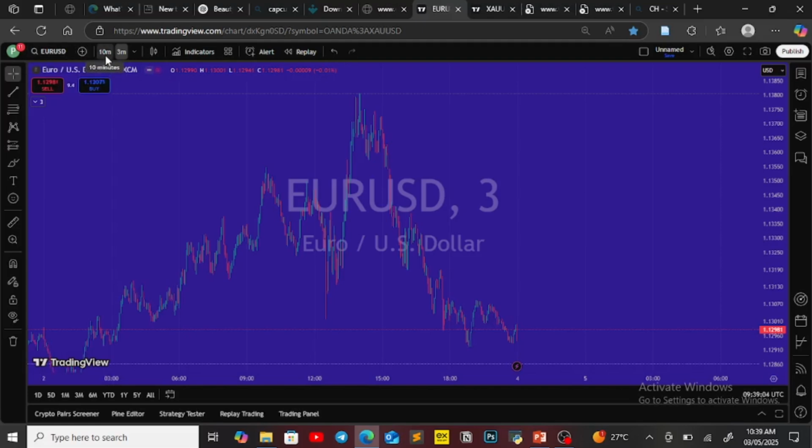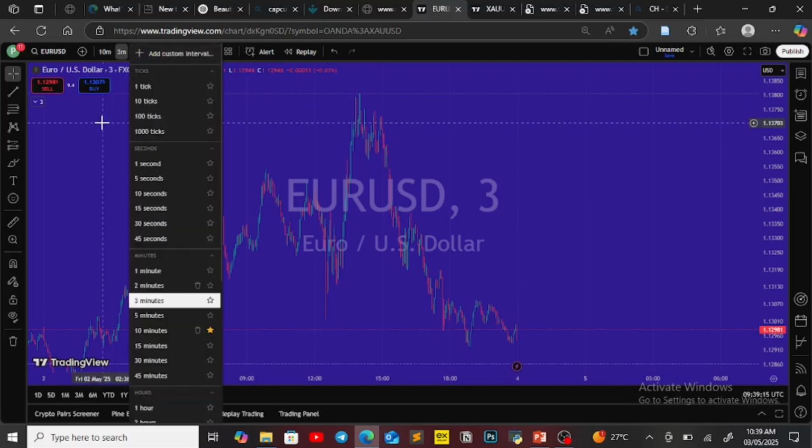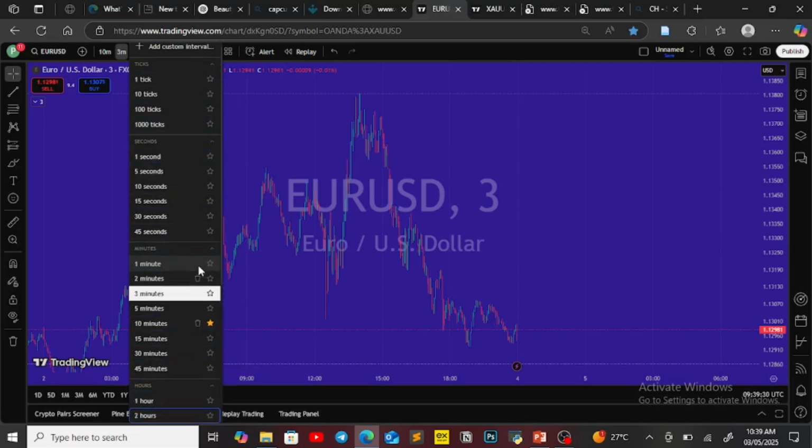This is what's called the time frame. This is the time frame of this chart. If you want to change the time frame, you can just click here, then choose any time frame. You have 1 minute, 30 minutes, and so on.